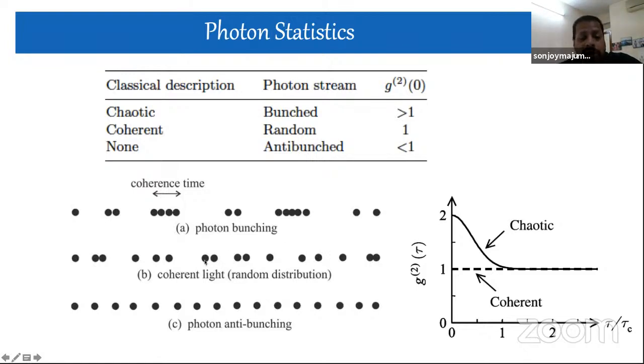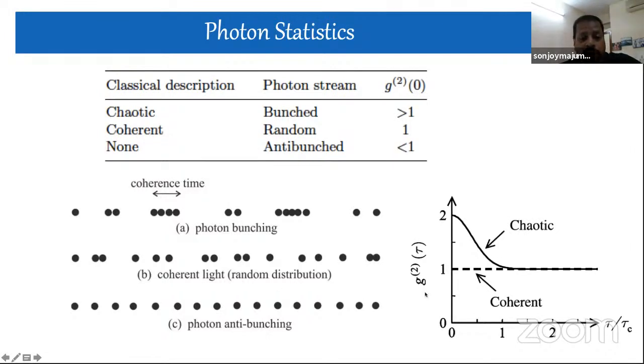But in the quantum scenario, there is no bunching of the photons; they are coming individually. That is the scenario where g2 of 0 will be less than 1.